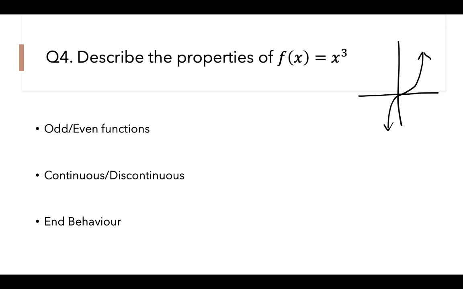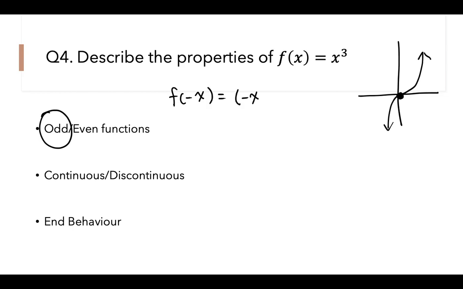Now, is this graph odd or even or neither? Well, as you can see, it's symmetrical through the origin. So therefore, it's an odd function. Another algebraic way to do it is, let's input negative x and see what you get.